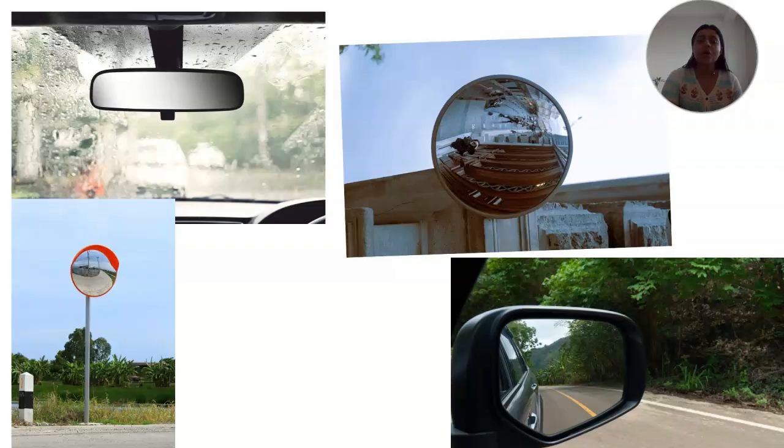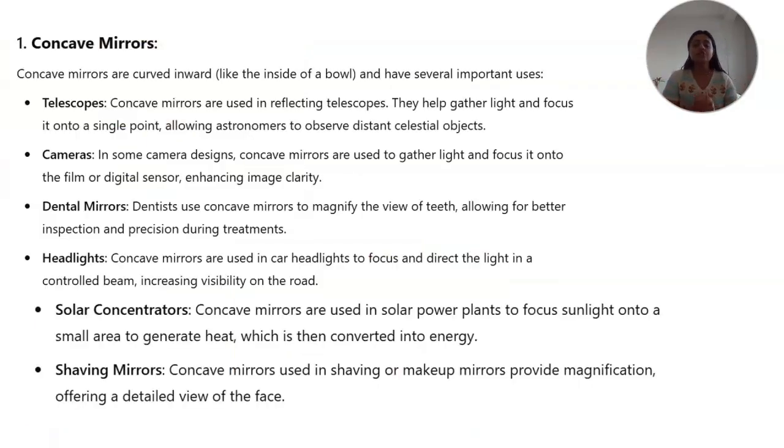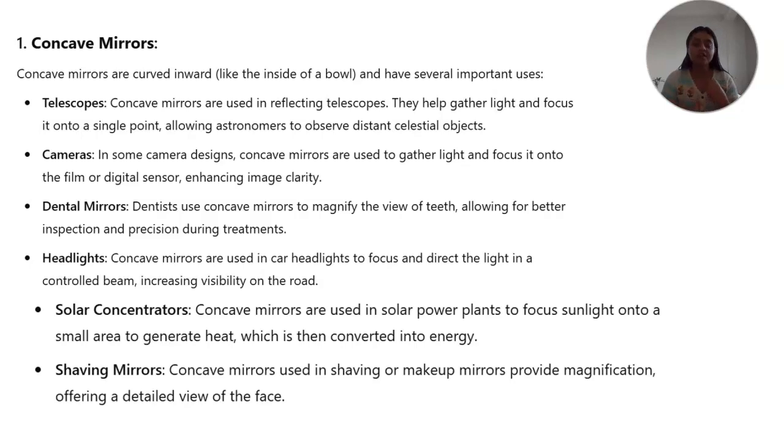Have you seen all these kinds of mirrors around you? Of course, you have. These mirrors are known as concave or convex mirrors. Concave mirrors are widely used in devices such as telescopes, cameras, dental mirrors, headlights, solar concentrators and shaving mirrors.